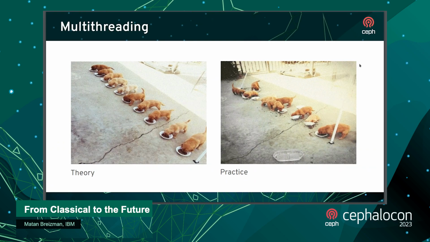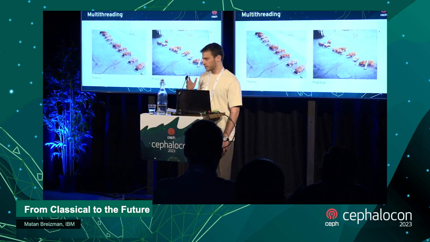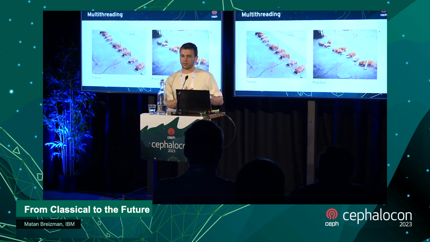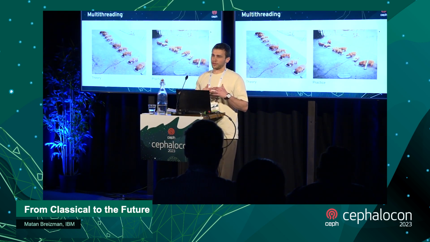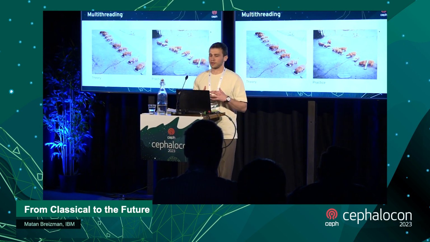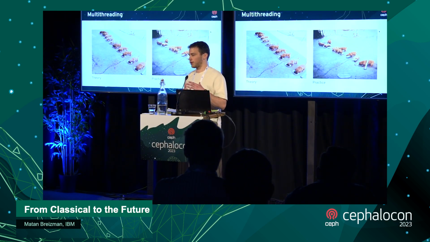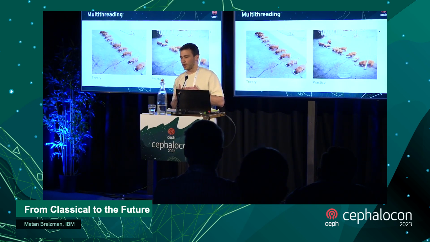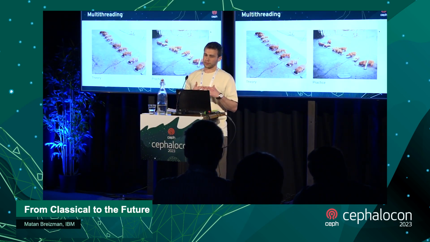But in practice, it can also decrease our performance. As we see on the right side, the story is different, because unscalable programming practices, such as taking locks and so on, really reduce our performance on large core counts.